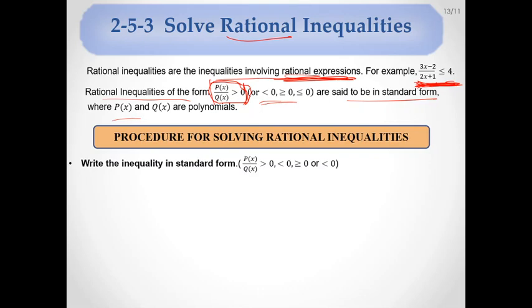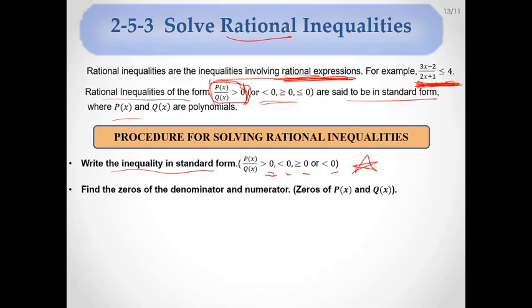The procedure is to write the inequality in this form. We want zero here. This is important. And find the zeros of the denominator and the numerator. We have this one. We find p(x) equal to 0, q(x) equal to 0.